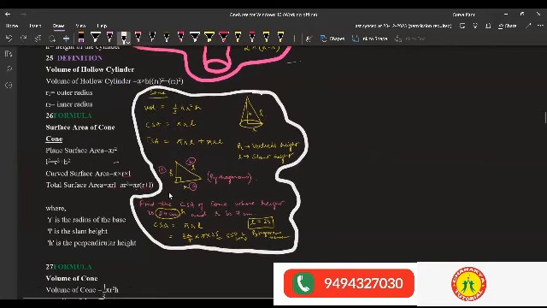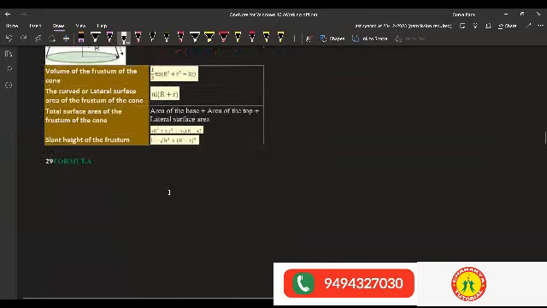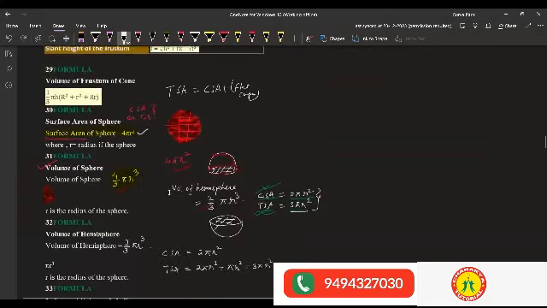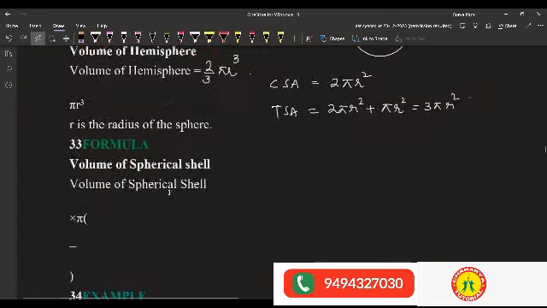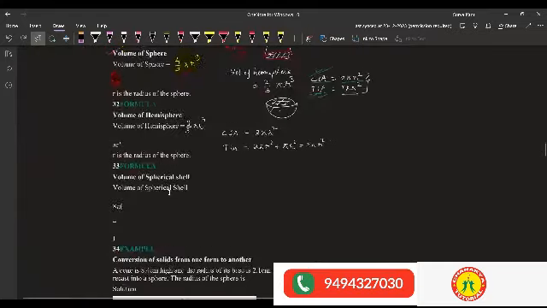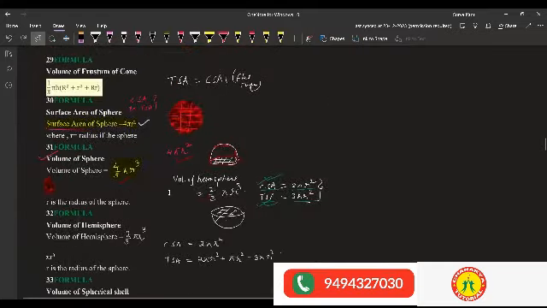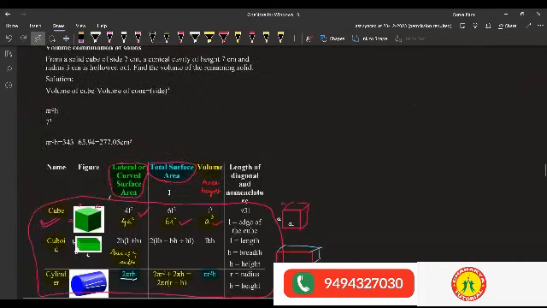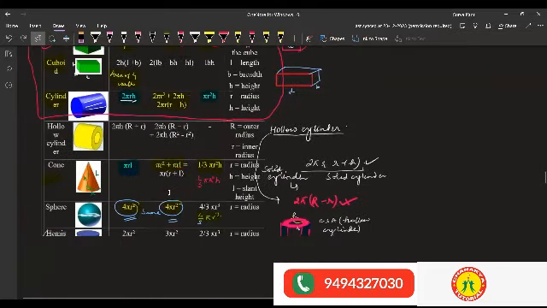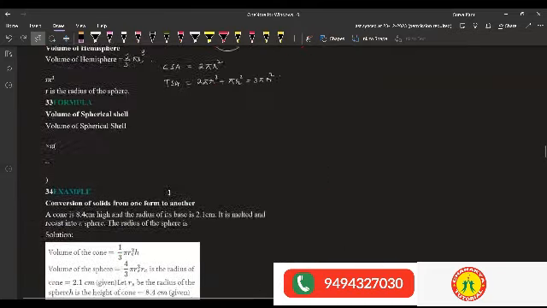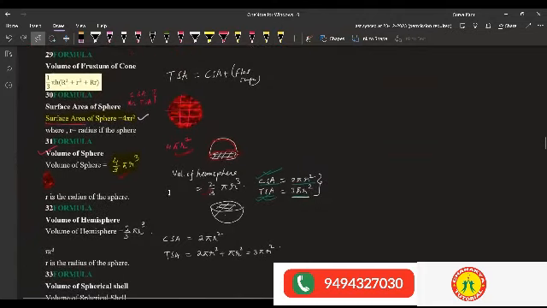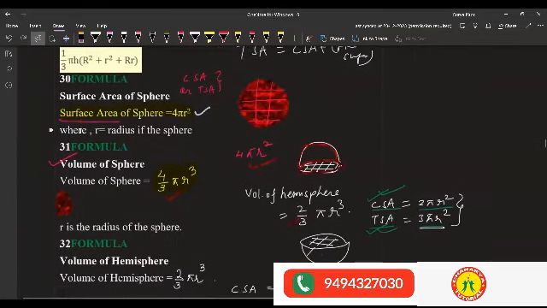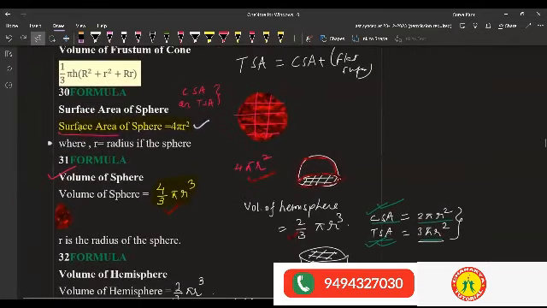Next comes sphere. A sphere is your full ball kind of shape here.